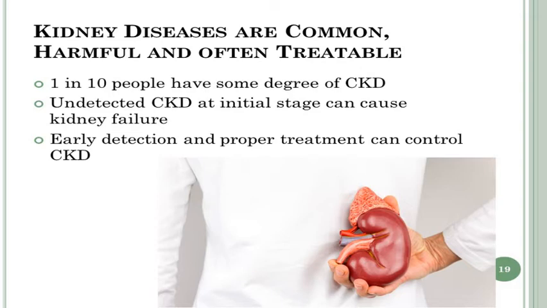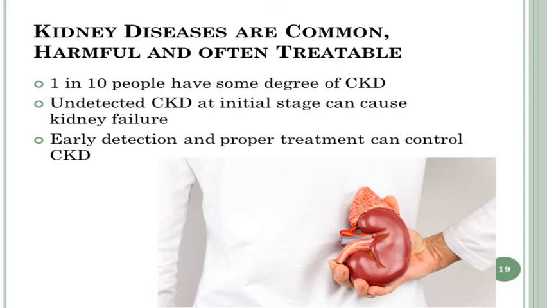Harmful. The first consequence of undetected CKD is the risk of developing progressive loss of kidney function that can lead to kidney failure, which means regular dialysis treatment or kidney transplant is required to survive.